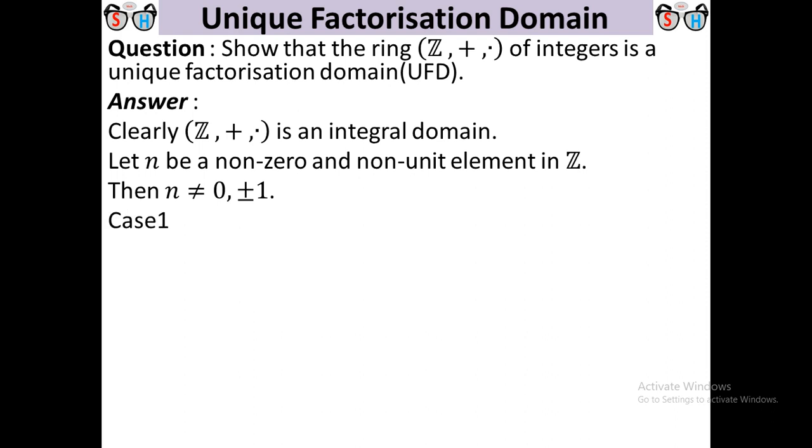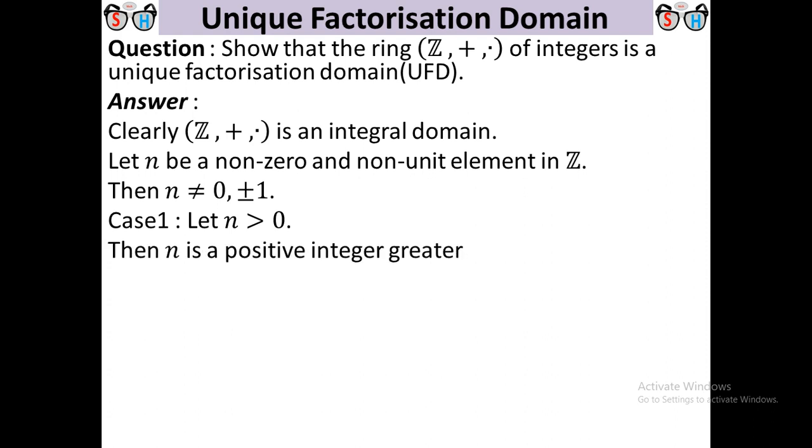In the first case, we consider n as a positive integer. Since n is a positive integer, n equals 1, 2, 3, 4, and so on, but here n is not equal to 1, so you have to take n greater than or equal to 2. Then n is a positive integer greater than 1.